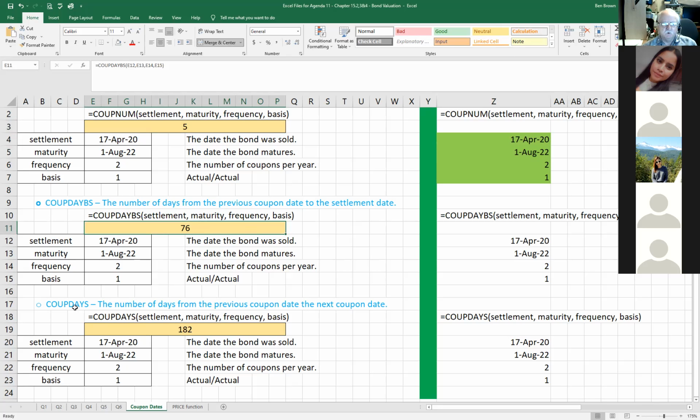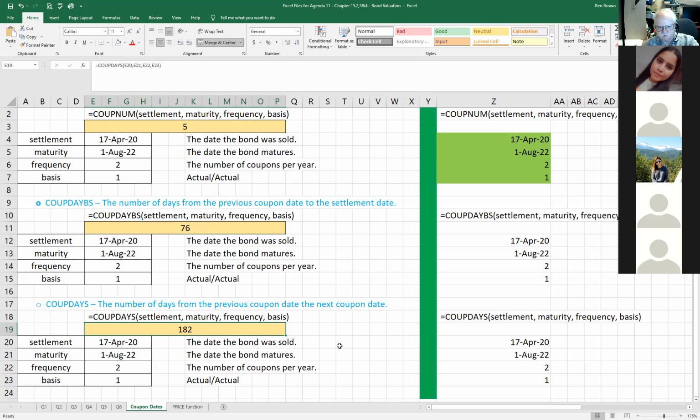And Coup Days S stands for between the settlement dates. So there's 182 days. So when these two investors are working out the price that they'll sell this bond for, what they've found is the original owner of the bond has to get paid for 76 days out of a total of 182 days.